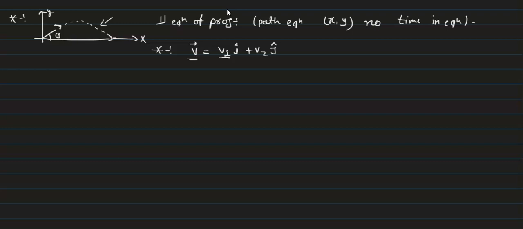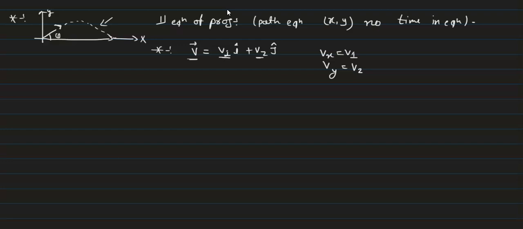The v1 is the x component, why? Because we write it with i cap, the unit vector in the x direction. So we can write vx is v1, and v2 will be the y component because it is written with the unit vector j. This is the basic definition of a vector. So we have vy equals v2.